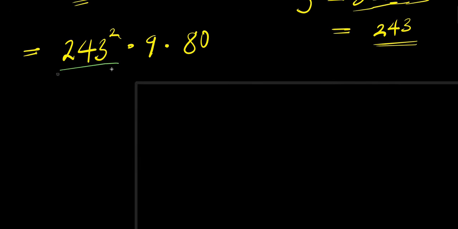Now we need to find out 243 power 2. We have 243 power 2. This equals 243 times 243.